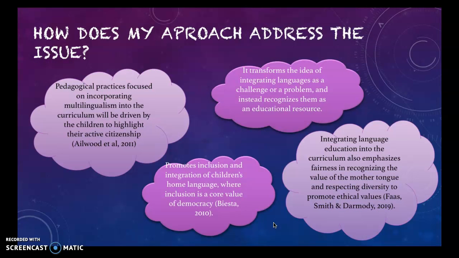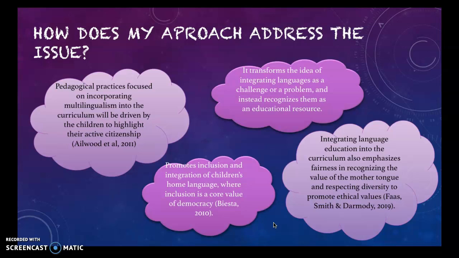So how does my approach address this issue? I've got 4 points here. The first point, pedagogical practices focus on incorporating multilingualism into the curriculum will be driven by the children to highlight the active citizenship.